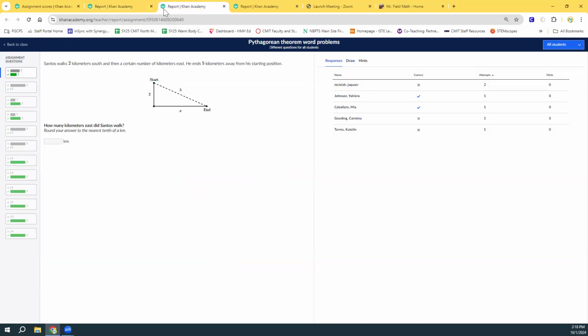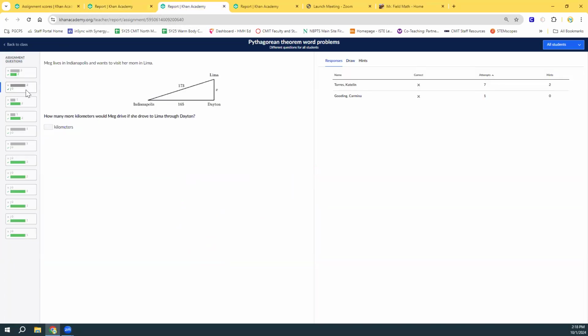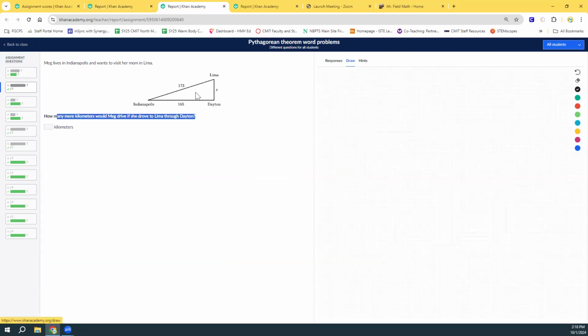Let's look at the word problem. So let's do this one because nobody has gotten it right yet. Meg lives in Indianapolis and wants to visit her mom in Lima. How many more kilometers would Meg drive if she drove to Lima through Dayton? Okay, so we want to make sense of this problem. Meg lives here.